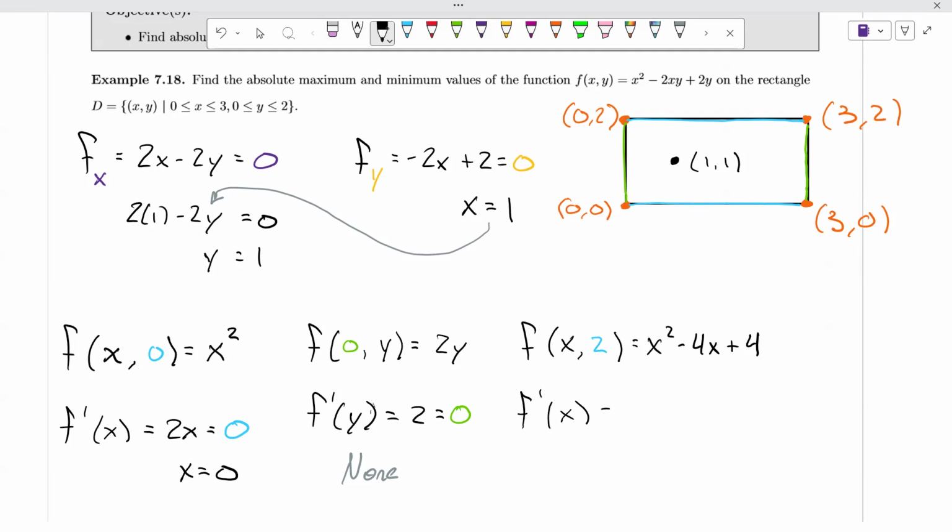F prime of x is 2x minus 4. That should be equal to 0, which means that x is 2. I'm on the line y equals 2. So no matter what value I were to solve here, my point would be blank, 2. In this particular case, it's 2, 2. Which I'll mark right there. Notice that that rectangle is not drawn to scale. That'll be fine.